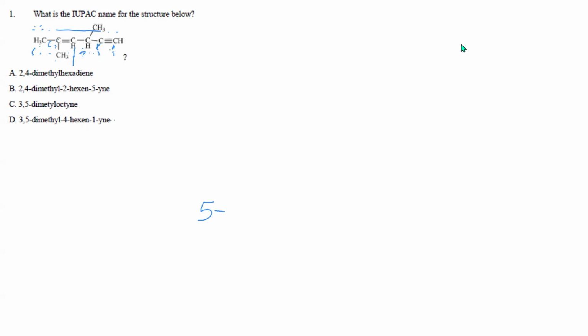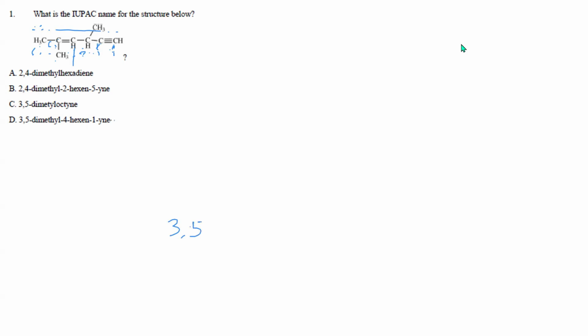So we have methyl groups at position 5 and position 3. When we are going to name this, it is going to be simple. We have 3, then comma 5.